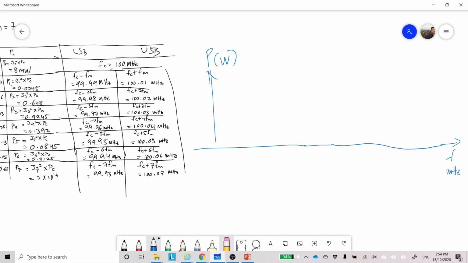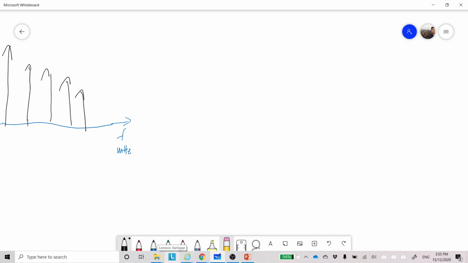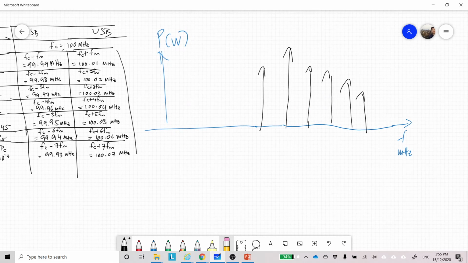So you akan ada 7, so we have 7. Saya punya ni sangkut-sangkut sikit lah.